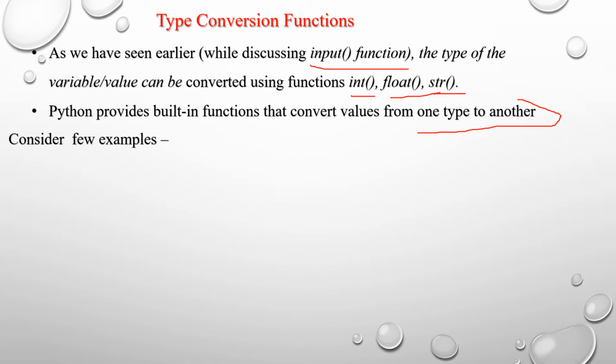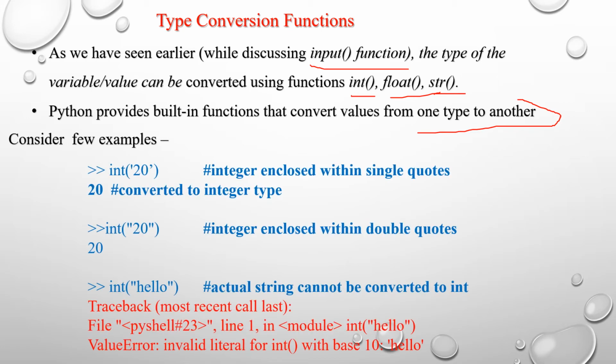Let's consider a few examples. For example, you take int of '20', with the integer enclosed in single quotes. The Python interpreter will give 20, and 20 is converted to integer type.